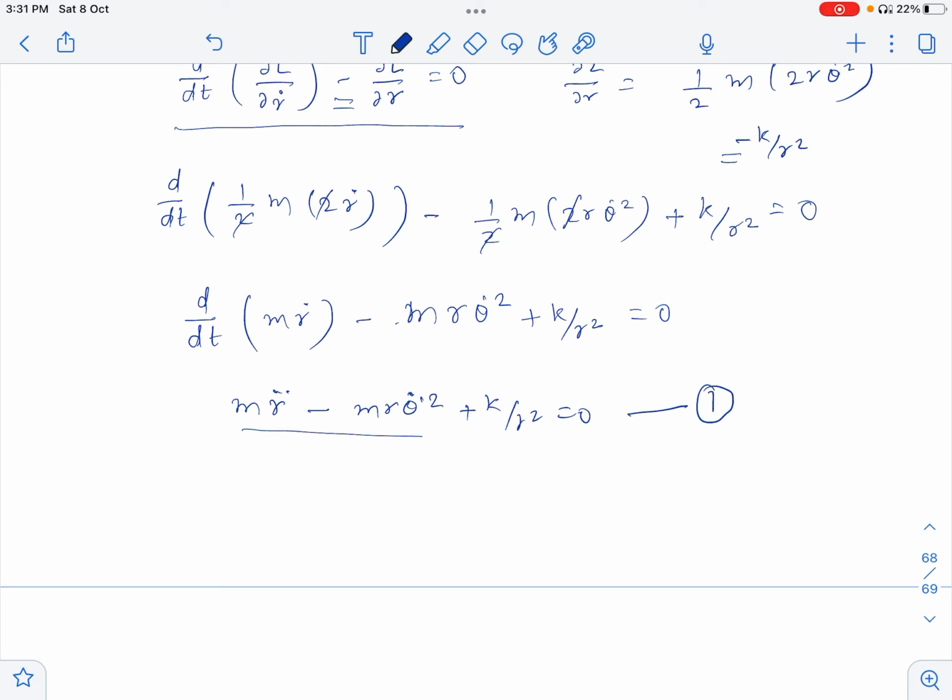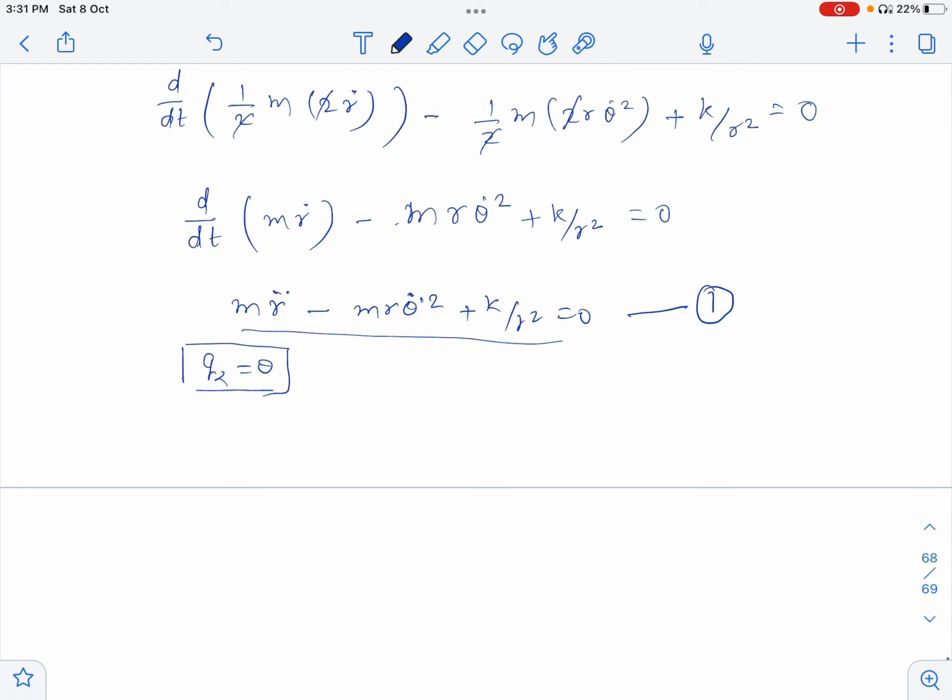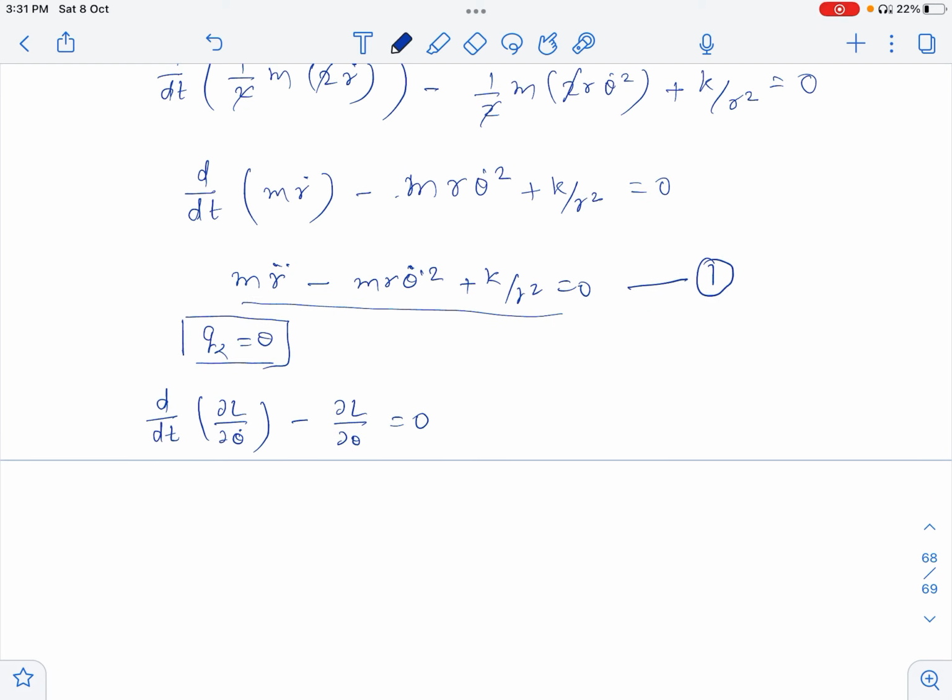Now we need to find the similar equation for q alpha is equal to theta. Here theta and r are the generalized coordinates for this given system. So d upon dt of delta L upon delta theta dash minus delta L upon delta theta is equal to 0.